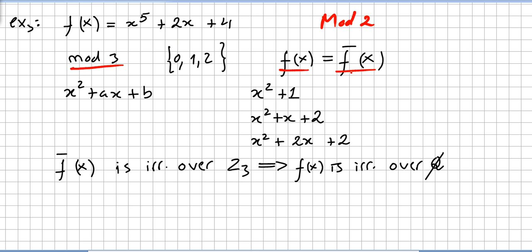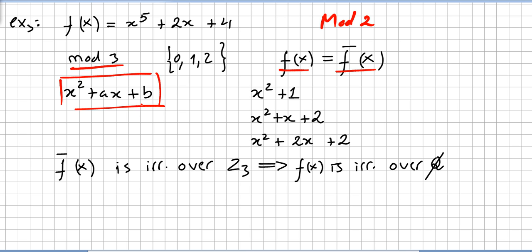But f bar of x might have a quadratic factor. If f bar of x has a quadratic factor, it will be in this form: x squared plus ax plus b.